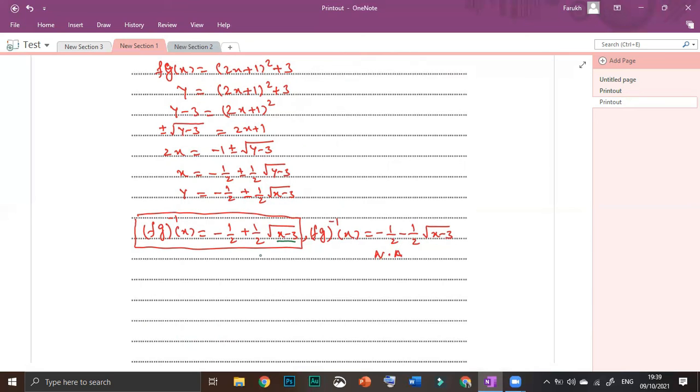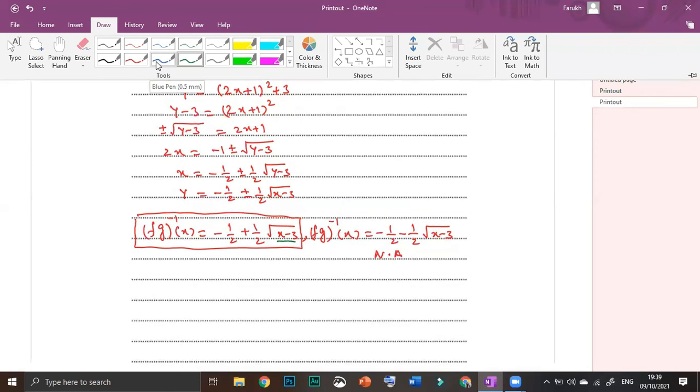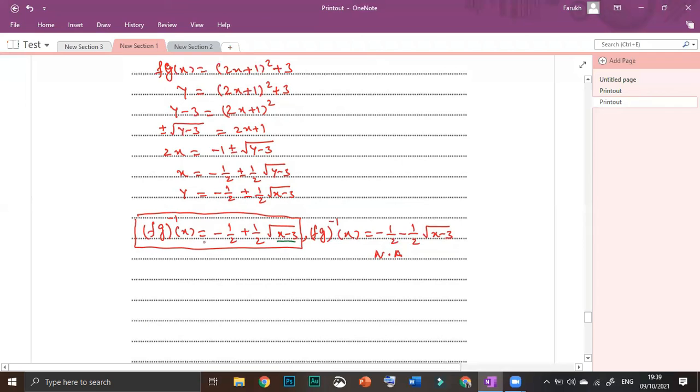So the domain should be greater than 3 to obtain a positive answer in the under root. So the domain of fg inverse is x is greater than 3.